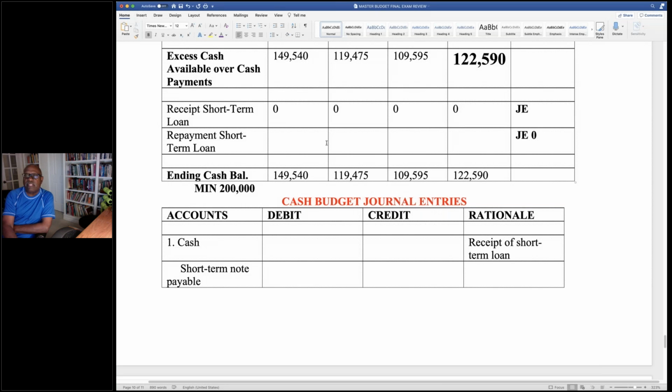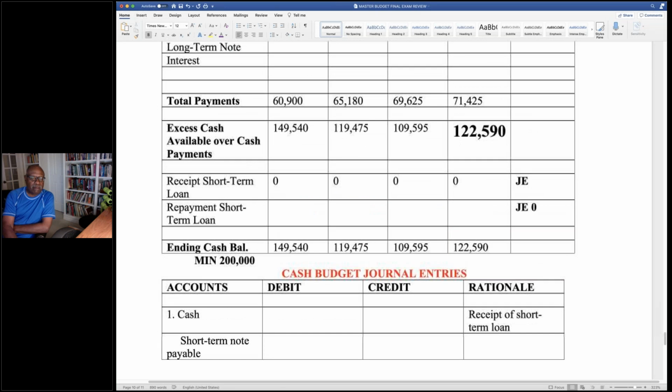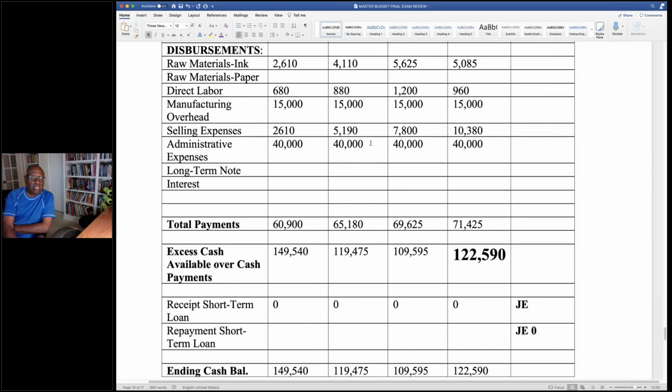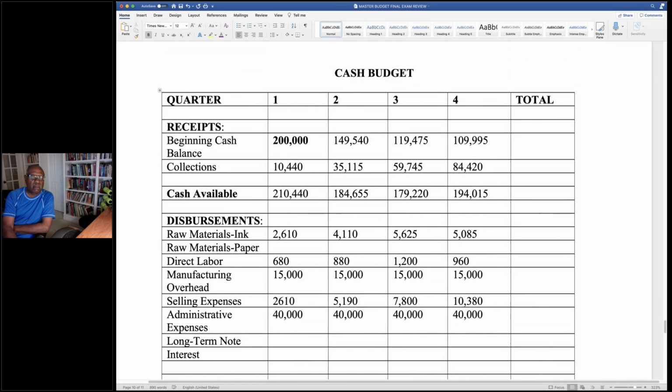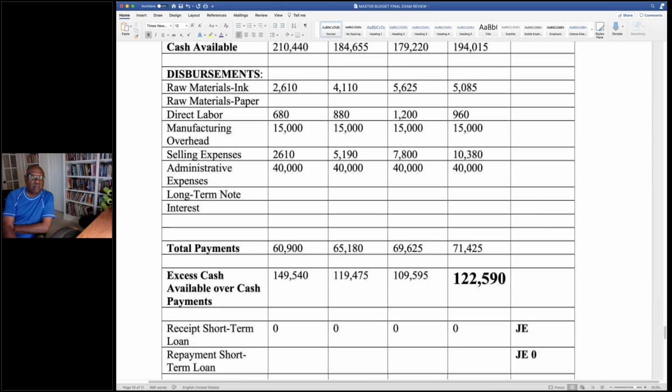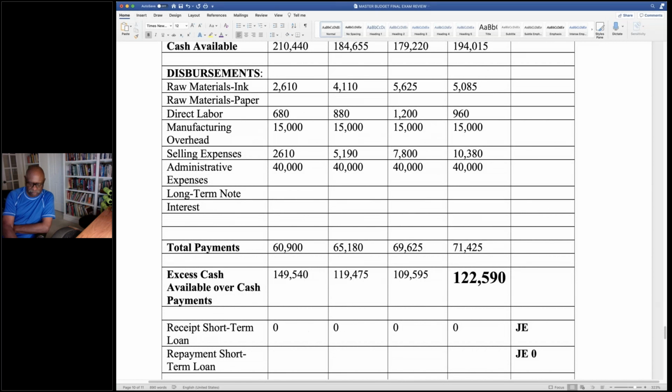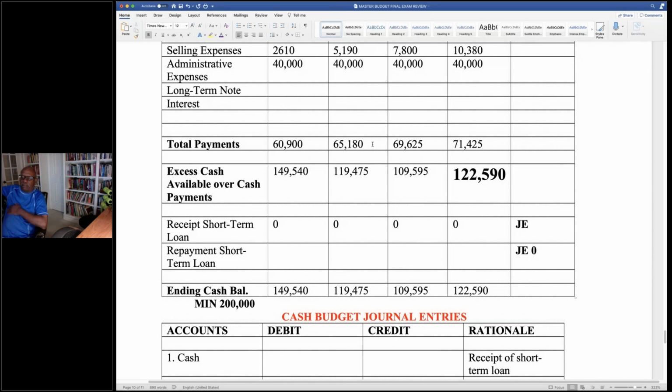So the minimum cash is 200,000. Everybody take about 5 minutes or so and show how this chart changes. Go through and tell me how that changes. It'll take about 5 minutes.